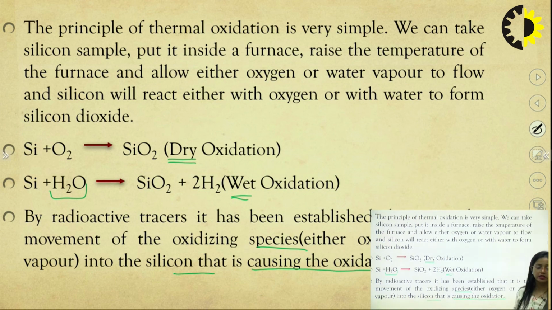So what is actually happening at the molecular level is, these tracers have found that it is the movement of oxidizing species which is actually helping in the process of oxidation.